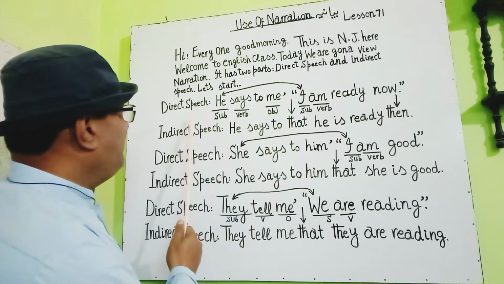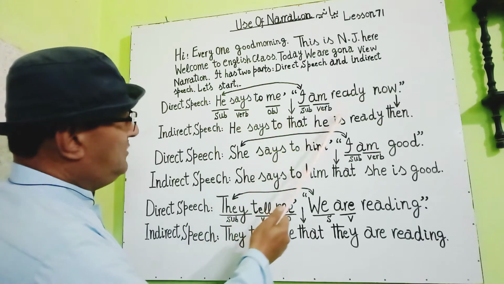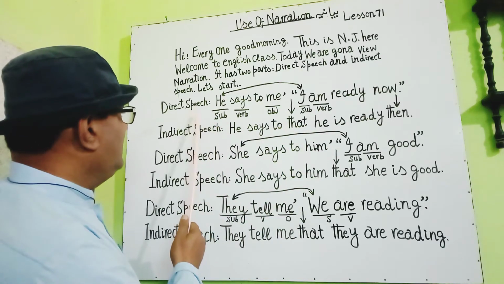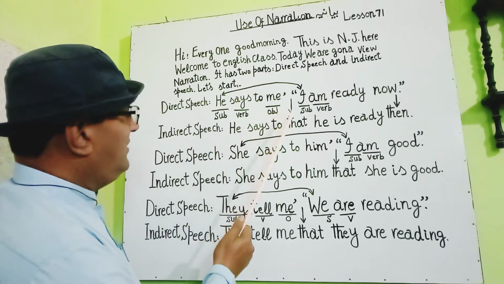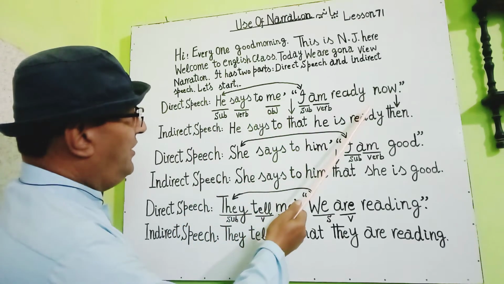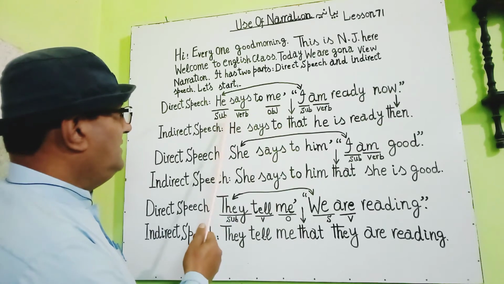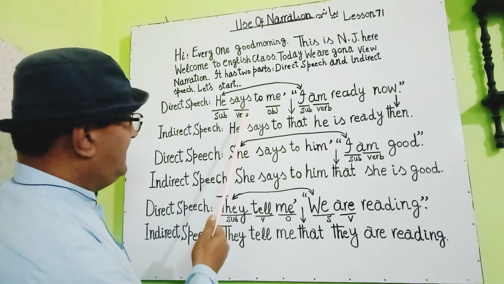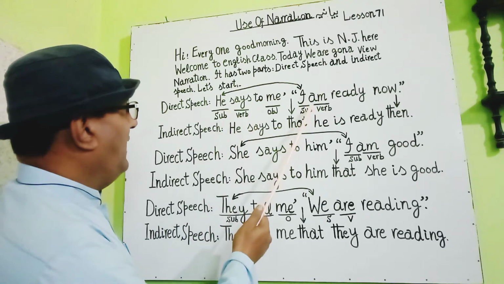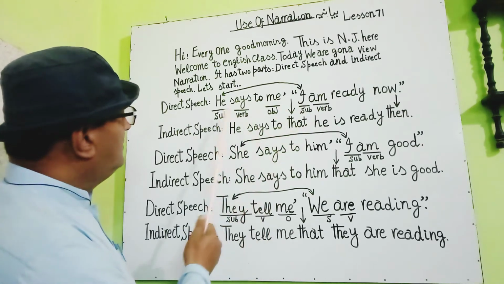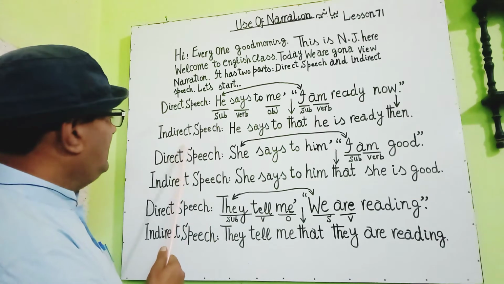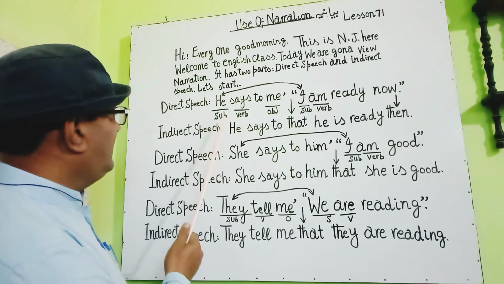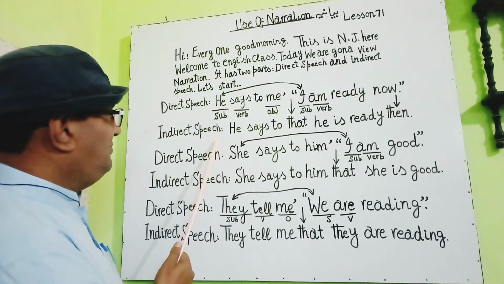This is the first part of narration, and it's called direct speech. It is in inverted commas, and it is between two persons, he and I. So now we see the next, second part, the conversion of this direct speech into indirect speech.